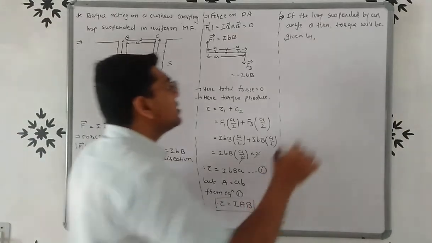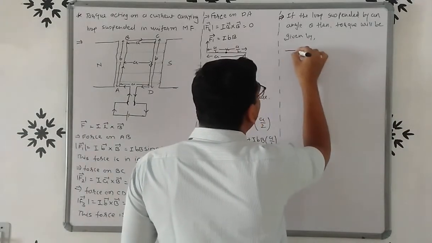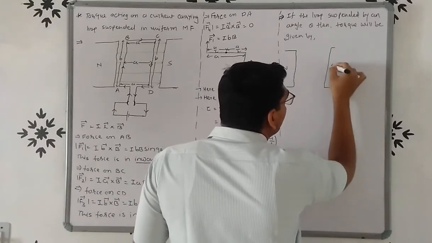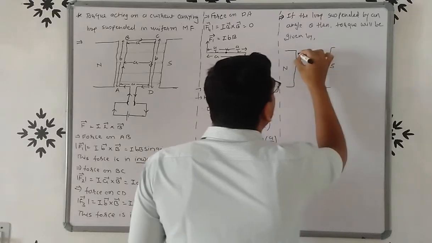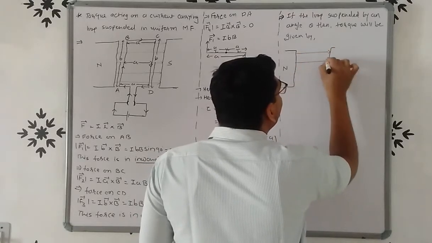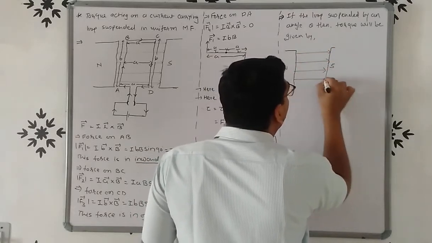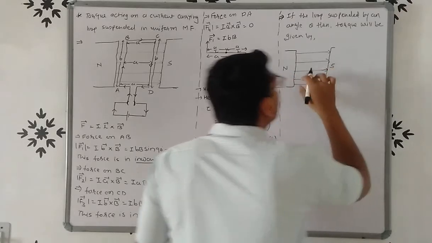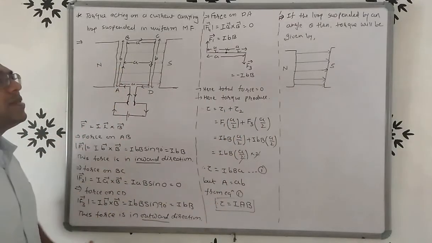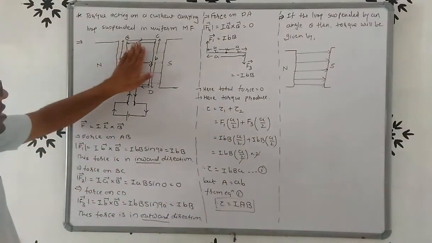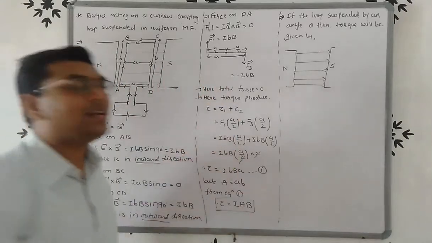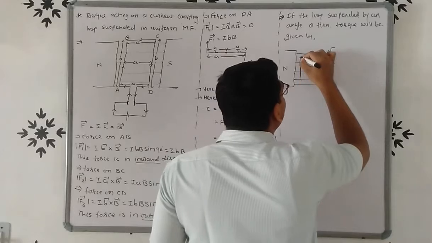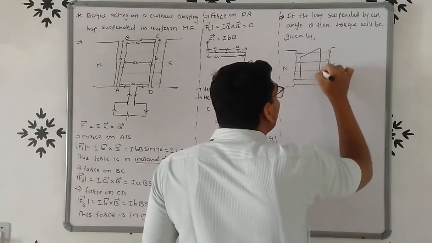So here friends, the figure will be like this. This is the north pole, this is the south pole. Now the direction of the magnetic field will be like this, right? Now here the loop will be suspended by an angle theta, so the loop will be like this by some angle theta.